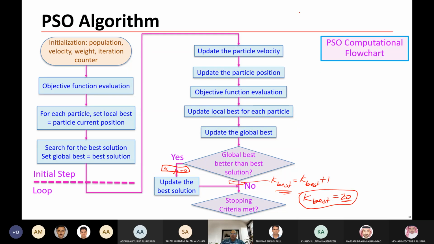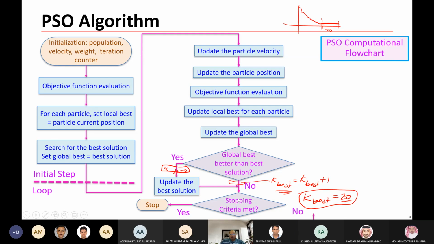This is the objective function in this case. The objective function is reducing, and then it stays constant for 20 iterations, so I can stop here. So if you met the stopping criteria, you can stop the search.